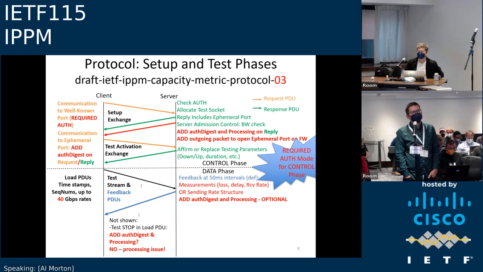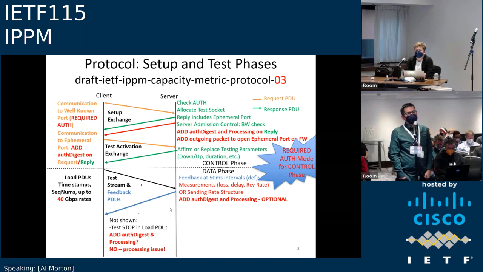We measure round trip time on those, and we don't want them reordered. So basically, the DTLS features, which are really nice, might make sense in the control phase, but they don't help us at all when we're making our feedback measurements for round trip time on the feedback PDUs. Does that make sense?